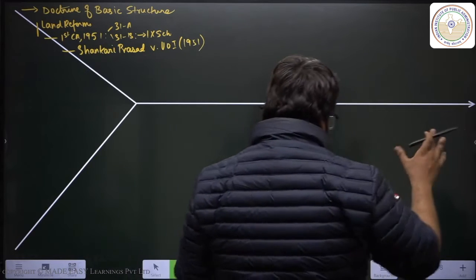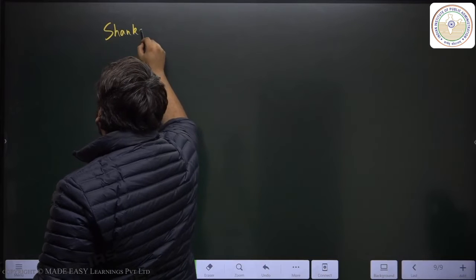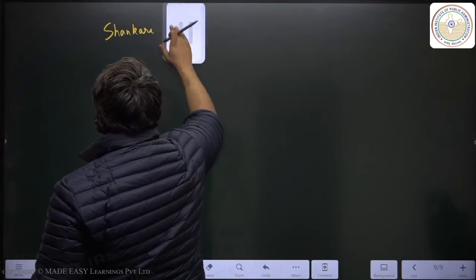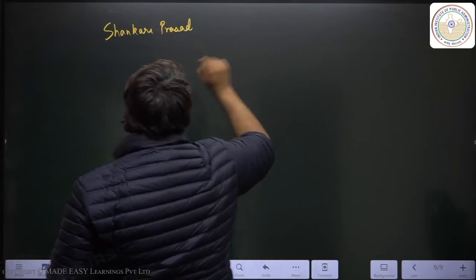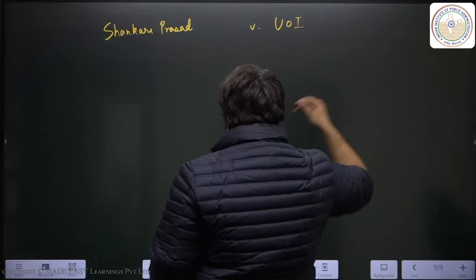Now, in this case, just to give you a little bit of context, a detail of arguments. So you had Shankari Prasad, versus you had the Union of India, which is nothing but the government.